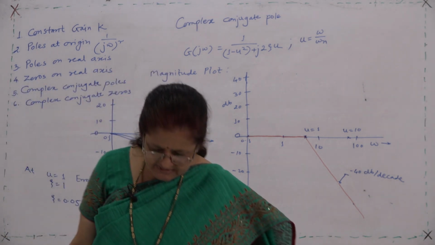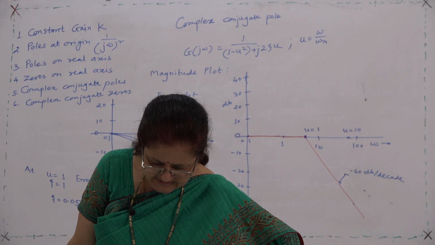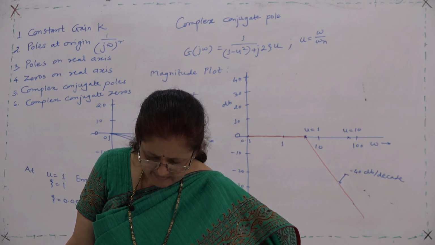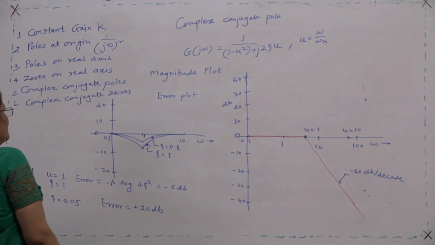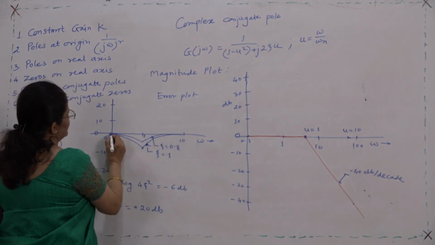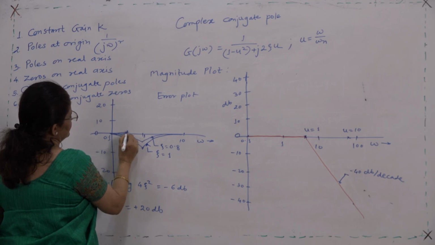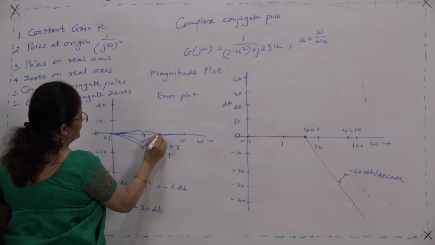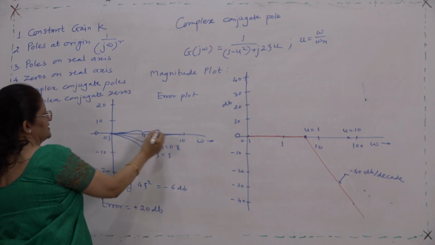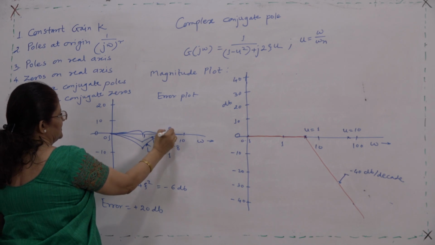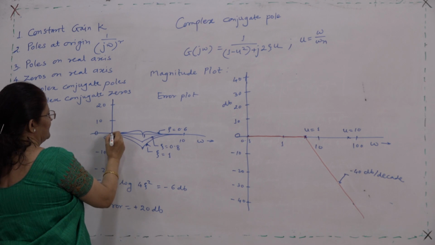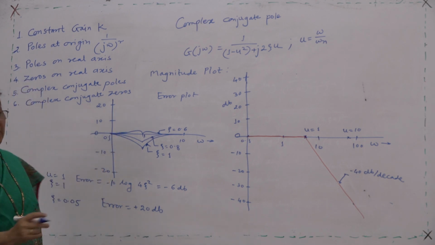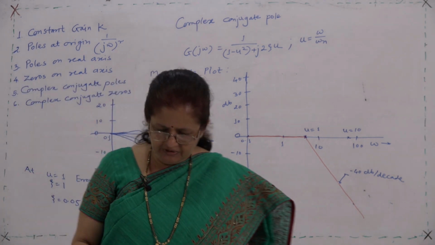Then, when we are considering zeta is 0.6, you will get some error is positive and then it becomes, so actual substitute and then you can find out, you will get the error somewhat like this. So, this is when zeta is 0.6.